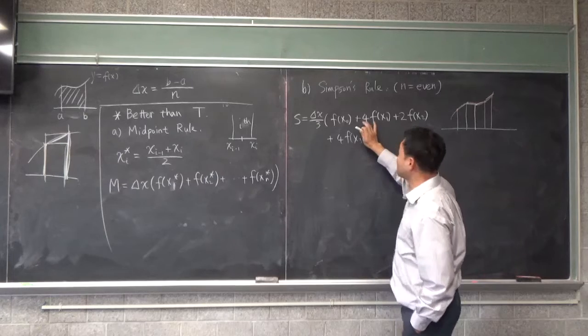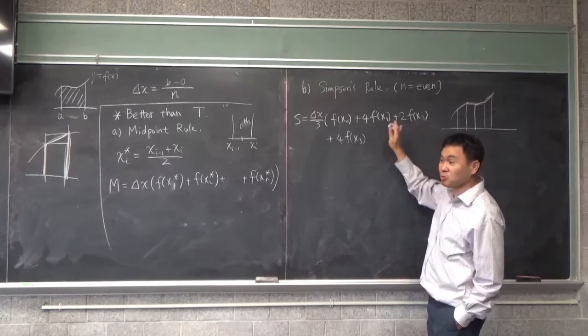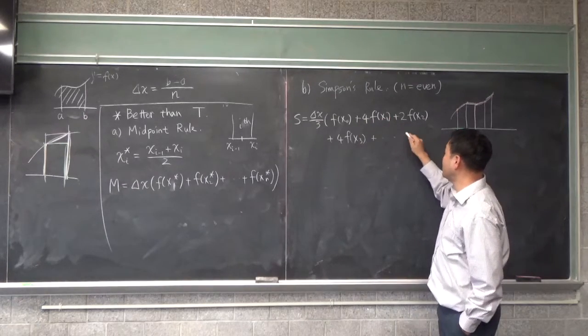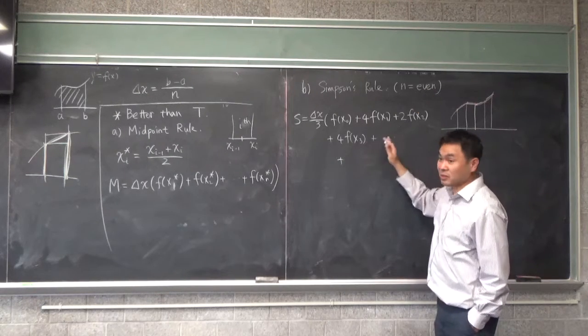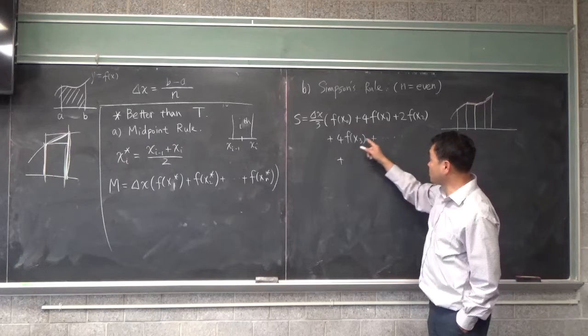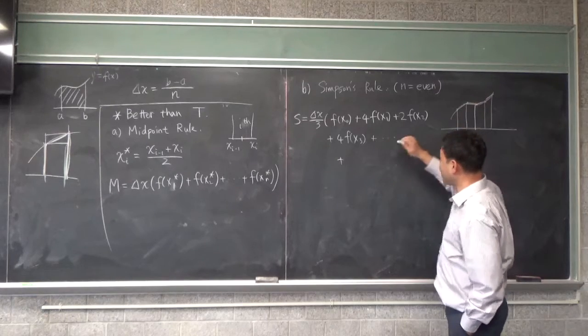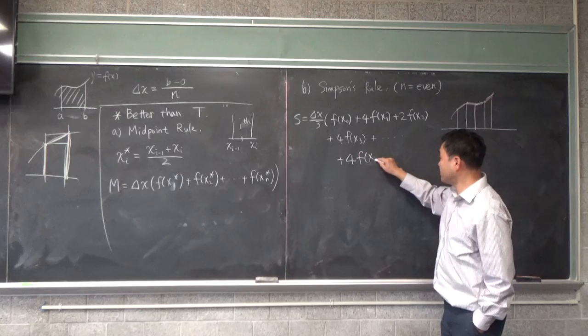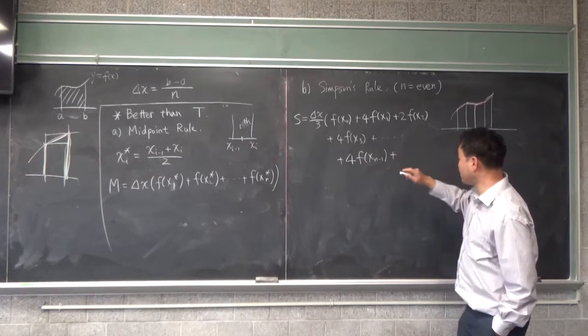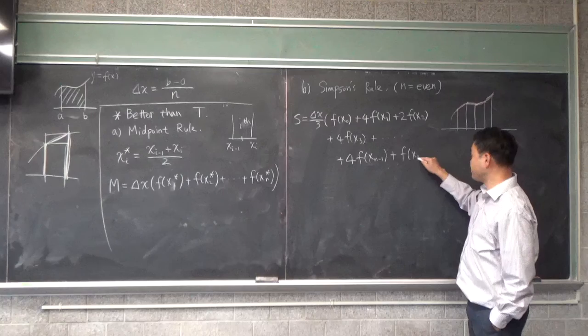So this alternates between 4, 2, 4, 2, 4, 2. Now, because n is even, if you do that for even number of n, you're going to land at 4 right before the end. And then the final one.